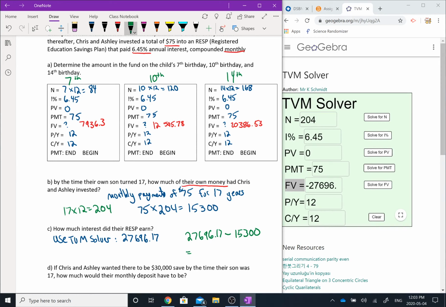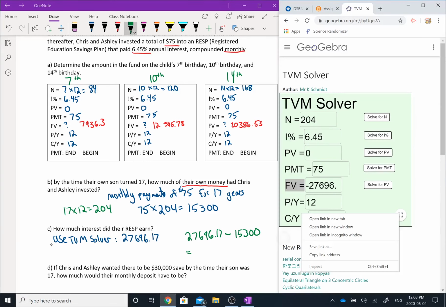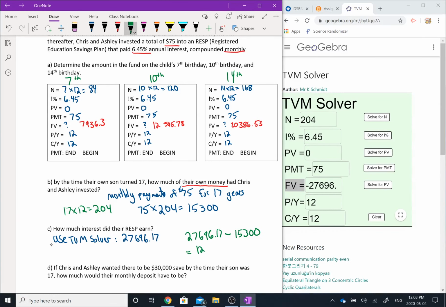Once we subtract them, we get that they earned in interest a total of $12,396.17. So that is how much they actually earned in interest.